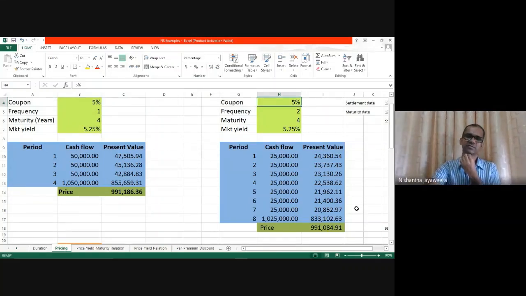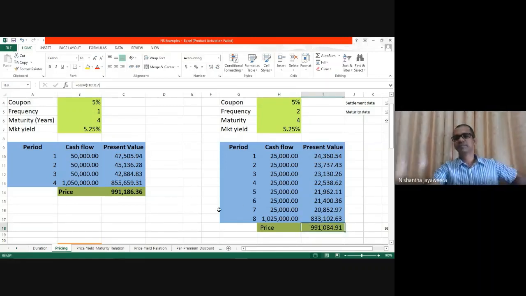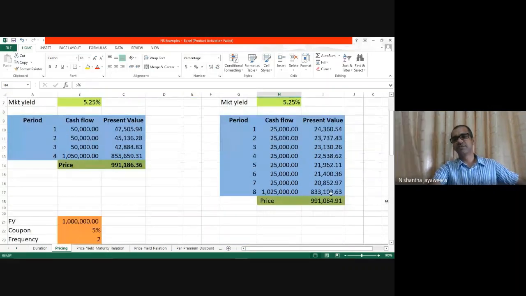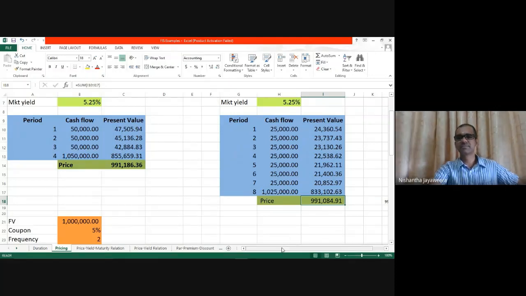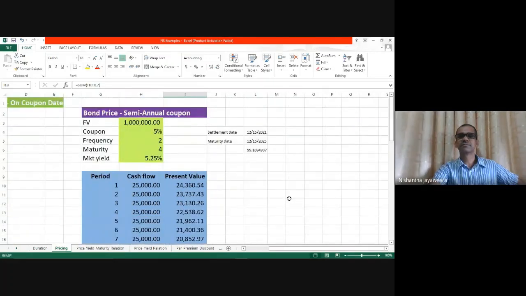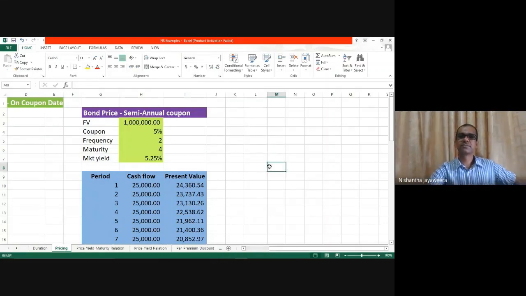Less than, yeah. If you increase that coupon rate to 6%, what would happen to the price? The coupon amount would be higher, so the price would probably be higher.